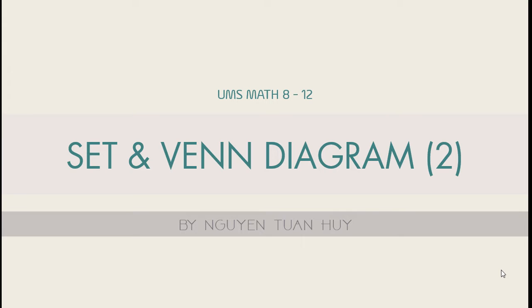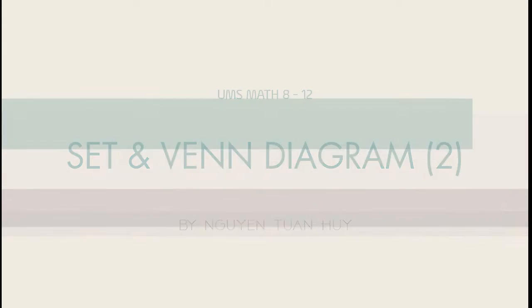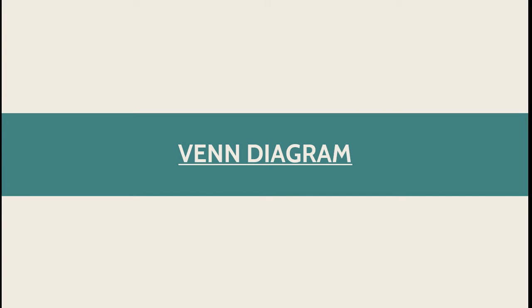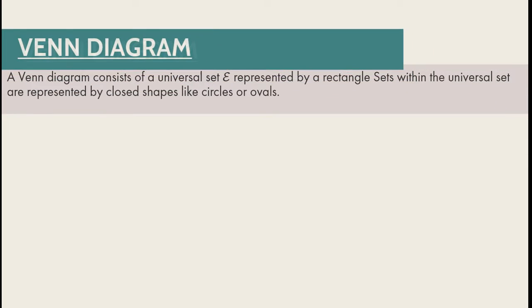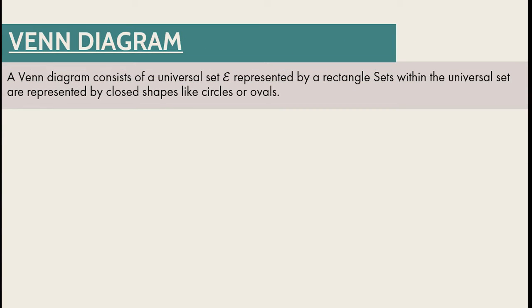Set and Venn diagram, number 2. First, we will talk about the Venn diagram. It is named after a professor in mathematics, Venn. A Venn diagram basically consists of a universal set E represented by a rectangle.